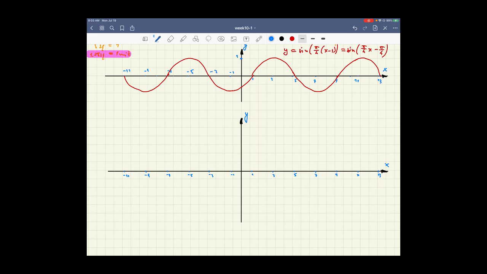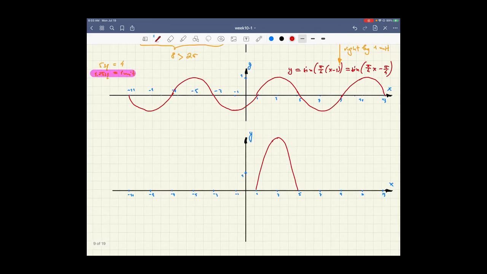Instead of 1, it's now 3. The scale, by the way, stays the same, so I should copy this.